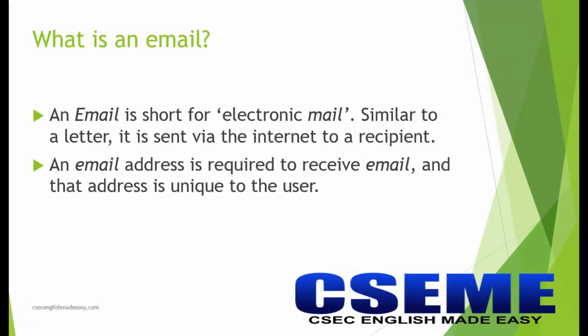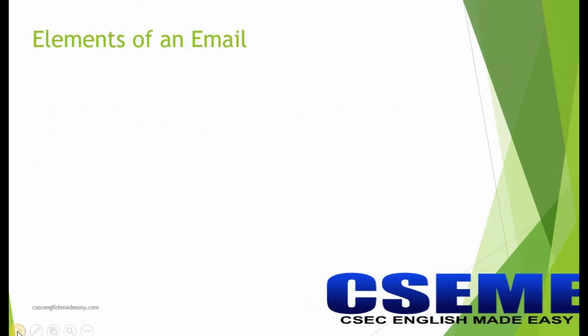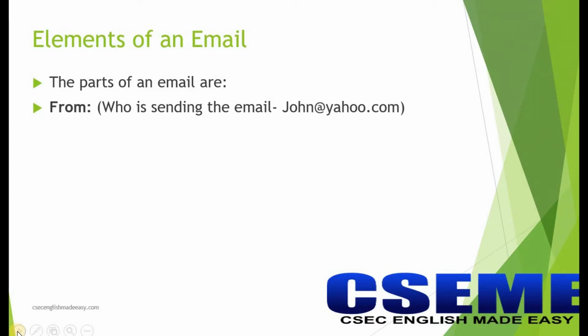Now let us move on to what exactly are the elements of the email. When we say the elements of an email, I'm basically referring to what are the parts of the email, and we're going to look first at From. So you must have who the email is from, and who the email is from would be, in this case, the sender.